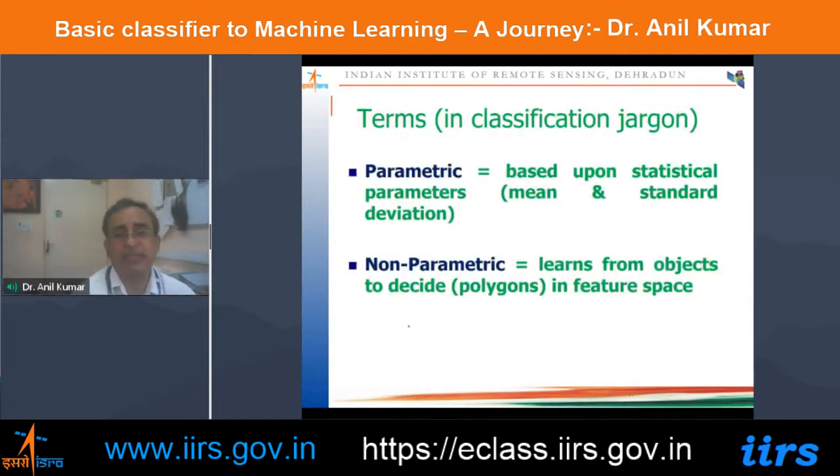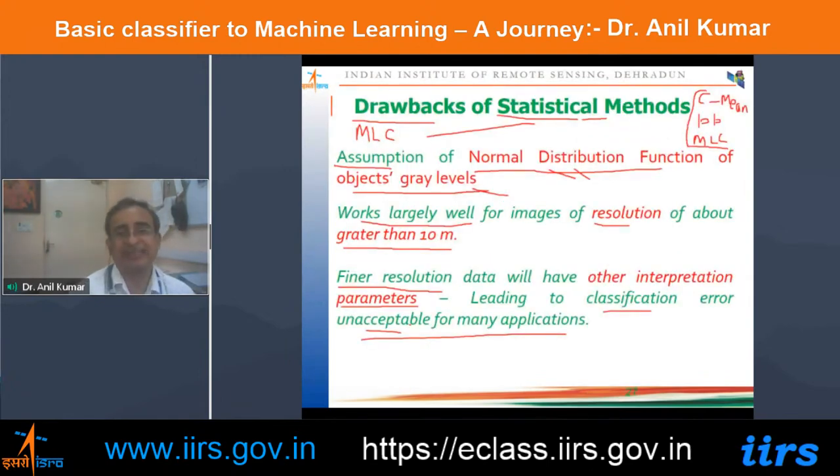So, terms in classification jargon. As I've mentioned about these statistical methods, nowadays we talk about machine learning. There are a large number of algorithms. They were categorized in different forms. Some were statistical algorithms, some are fuzzy based algorithms, some are linear mixture models, some are decision tree based, right? Some are statistical learning algorithms like support vector machine.